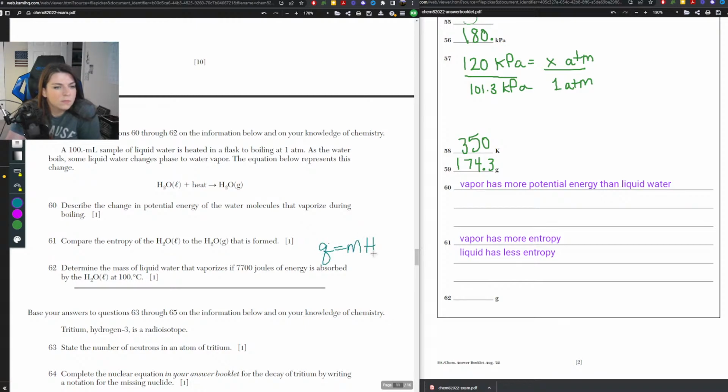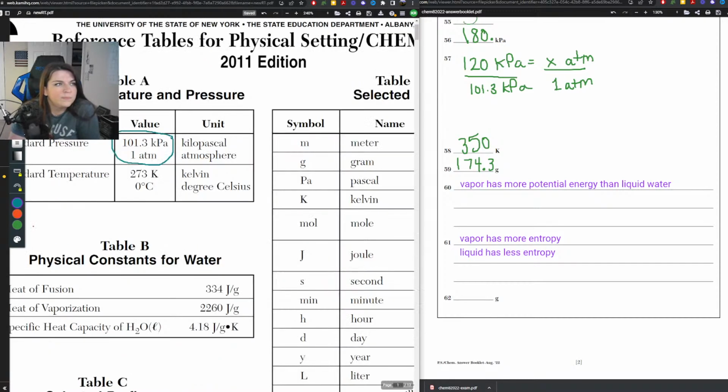The reason I know it's HV is because we are transitioning from a liquid to a gas. We'd have to use the heat of vaporization for that. So we have to determine the mass. So I'm solving for M. Q is heat. So the 7,700 is going to be equal to some unknown mass times heat of vaporization.